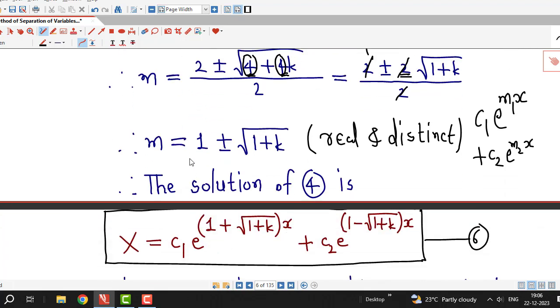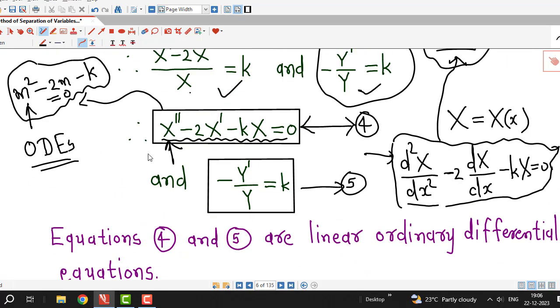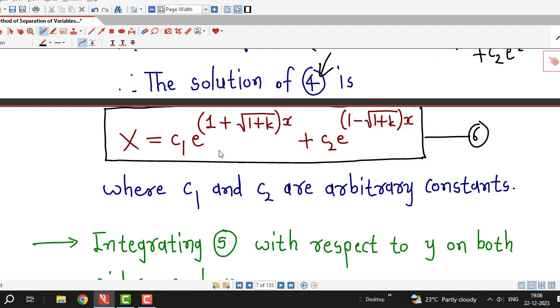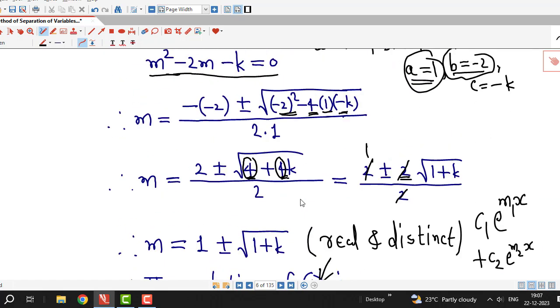That is going to be the solution of equation number 4, in which the dependent variable is capital X. So the solution of equation 4 is X equal to c1 times e raised to 1 plus square root of 1 plus k, this is one value of m, and here with a negative sign another value of m, where c1 and c2 are arbitrary constants.